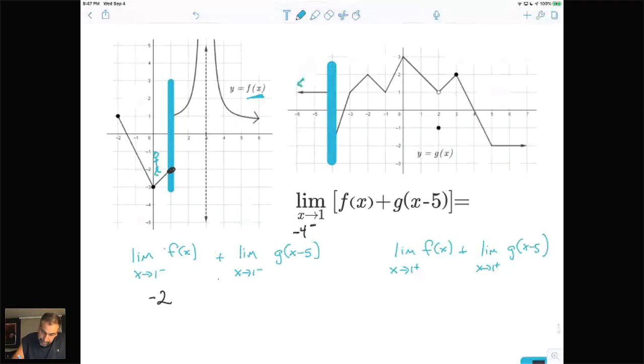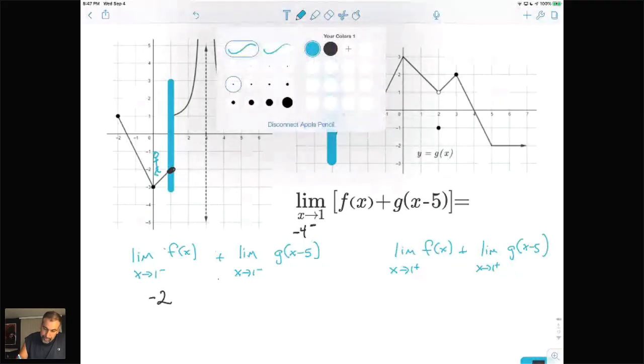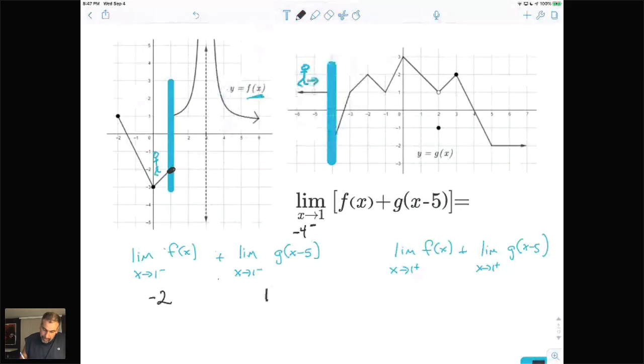That means I'm putting someone walking along this way, and every point along the line gives an output of 1. So when he makes his guess, he's going to go with the value of 1. When we add these two together, our answer is going to be -1. So for the left-hand limit on this one, we've got an answer of -1.